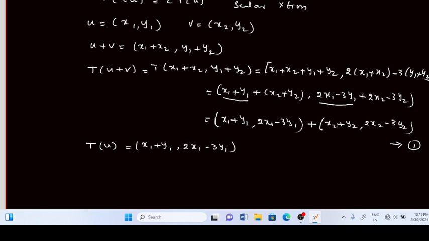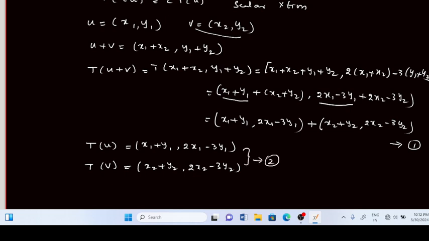Similarly, T of v can be written, as v is (x2, y2), as (x2 plus y2, 2x2 minus 3 times y2). This one is equation number 2.